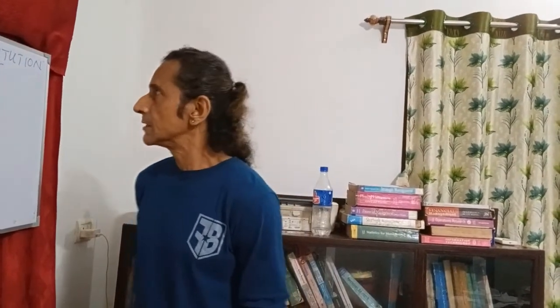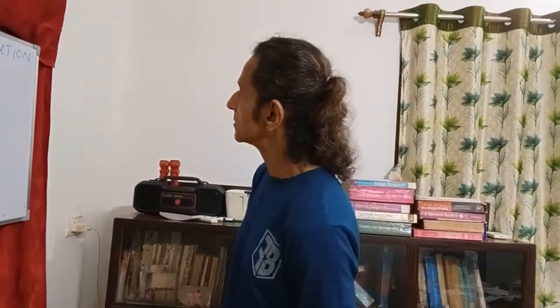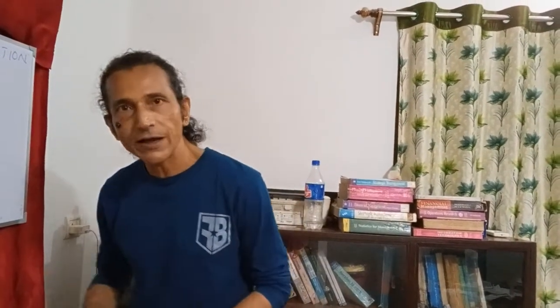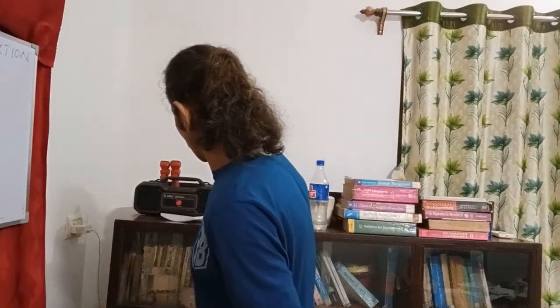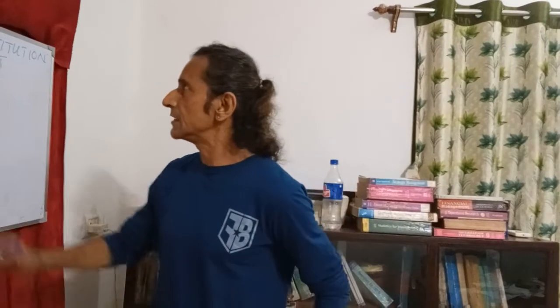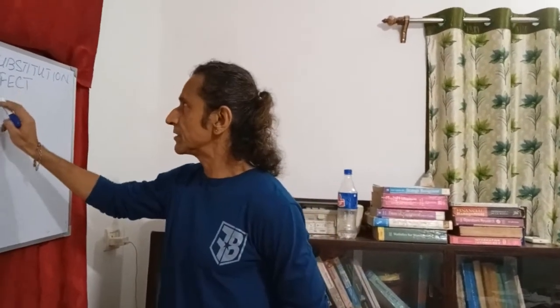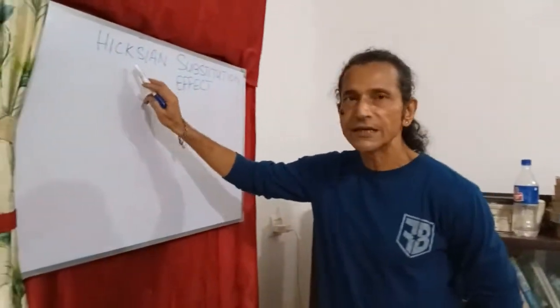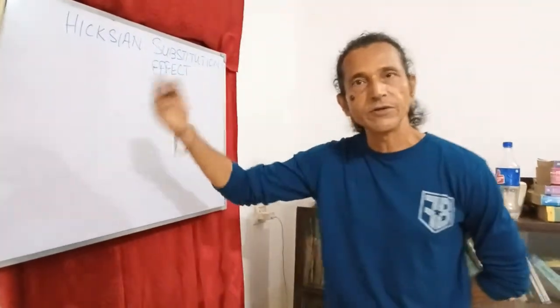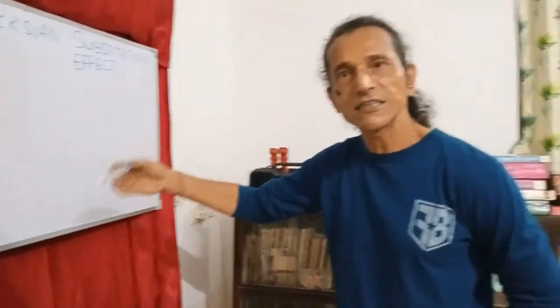Now, Hicks and Slutsky took two different approaches to identify the substitution effect. In this video, we will learn the Hicksian substitution effect, that is the approach of Hicks towards substitution effect. And in another video we will learn how Slutsky approached.